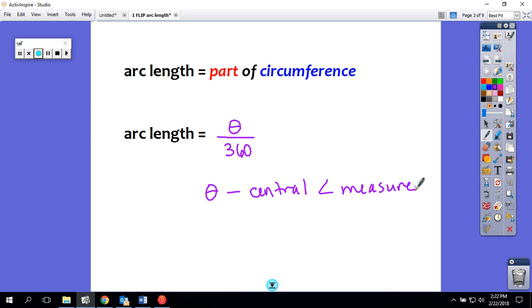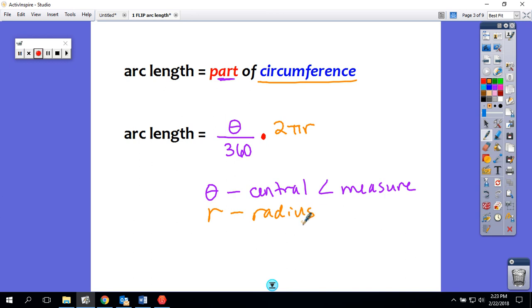All right, so that's our part. Of, when we're talking about words in math, of is one of those that usually means multiply. So part of the circumference, and the circumference formula we of course know is 2 pi r, where r is the radius of the circle.